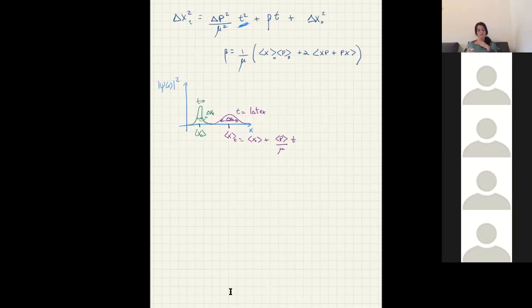Okay. So this means that even when there's no external forces and you really just have the kinetic energy of the particle, it will still spread out in the position basis. Whereas for the momentum basis, if you look at it, so here we have of p squared, it just stays exactly the same.